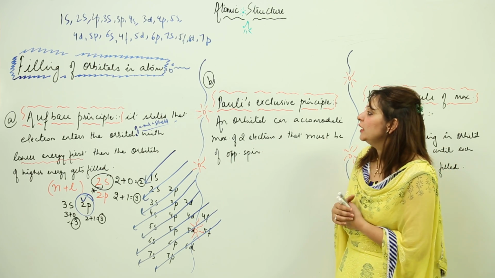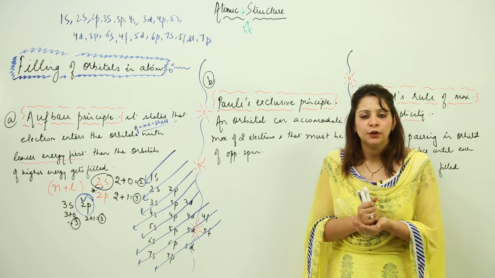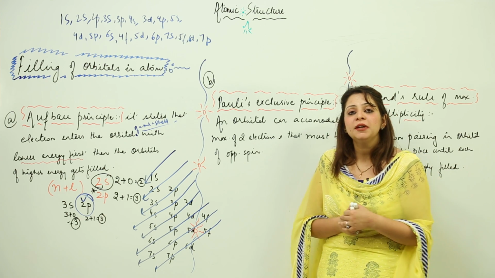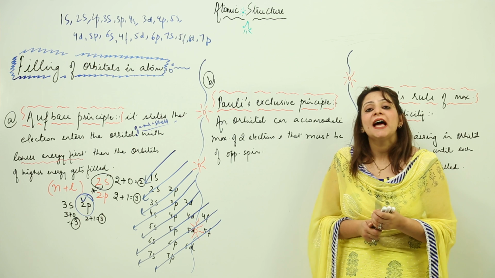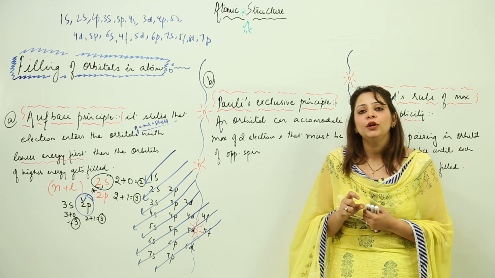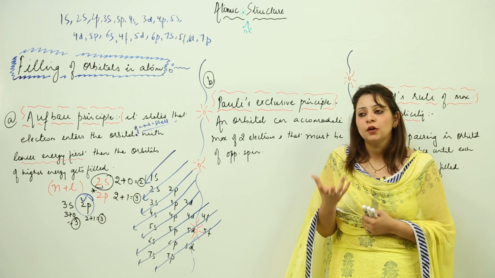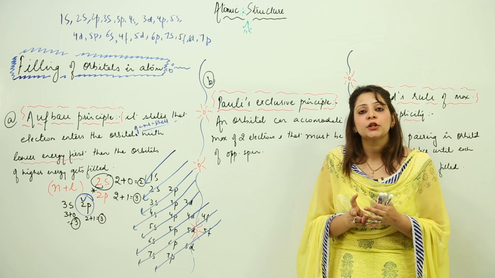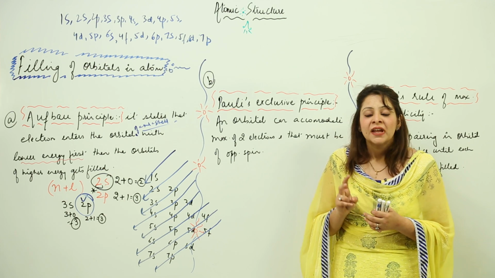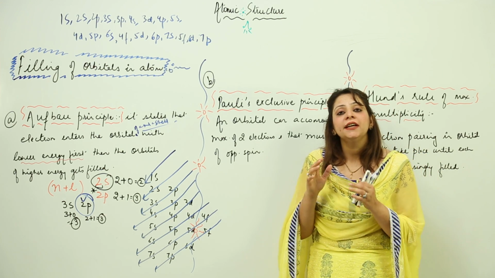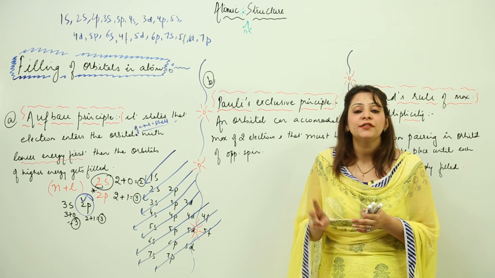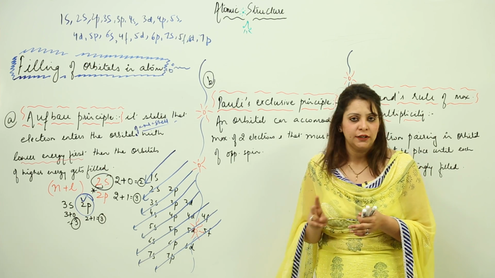Now the second rule is Pauli's exclusion principle. When we did quantum numbers, I told you there also that there is a set of 4 quantum numbers, and that in an atom, no 2 electrons can have all 4 quantum numbers the same. That means in an orbital, 2 electrons are never going to have the same set of all 4 quantum numbers.